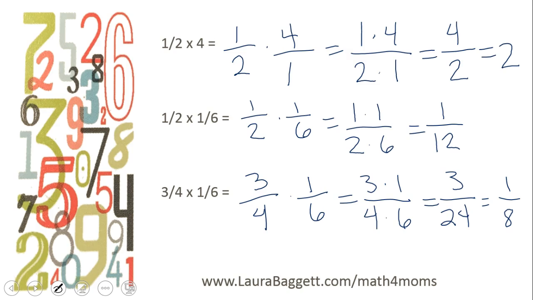Now one thing to think about, remember when we went from 1/6 up here and we divided each large slice into 2 more slices, and we ended up with 12, because for every one of those 6 slices, it became 2 more. So this 2 times 6, that's where that denominator of 12 comes from in our final answer, because we ended up with 12 total pieces. Same thing with the bottom example.